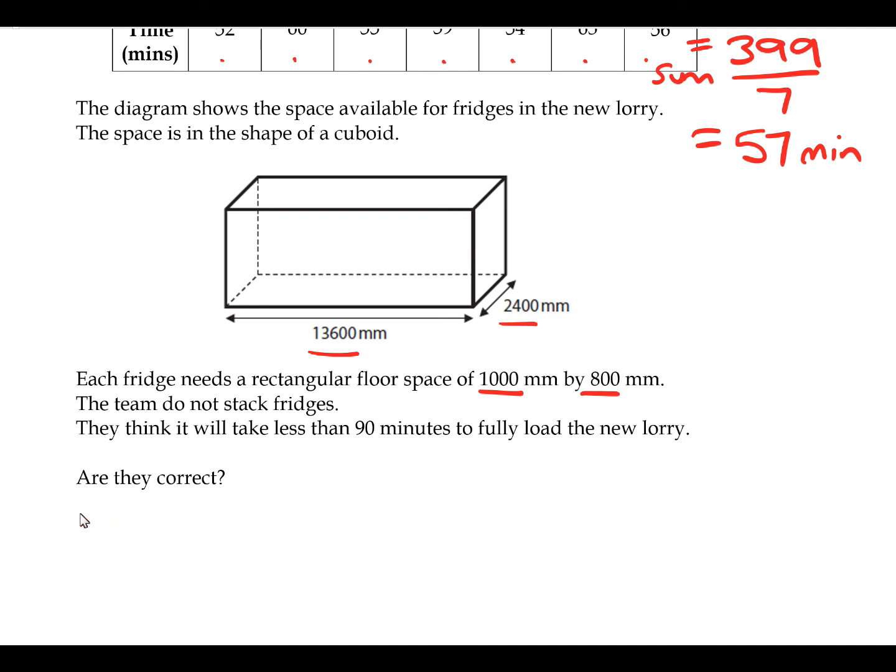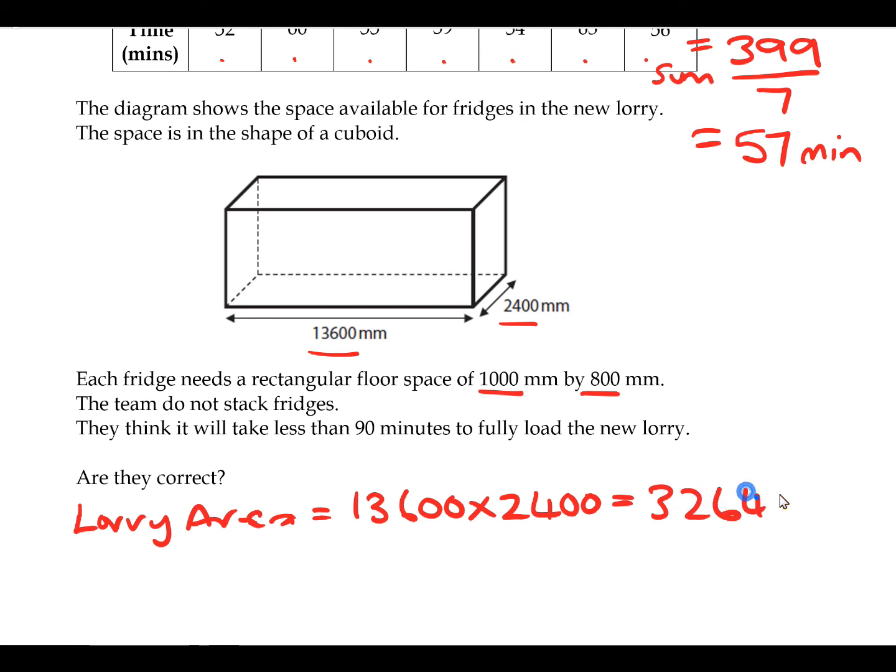So to do this, we need the lorry area, so the area of the floor in the lorry, which is 13,600 times 2,400. So in millimeters, that's 32,640,000 square millimeters.